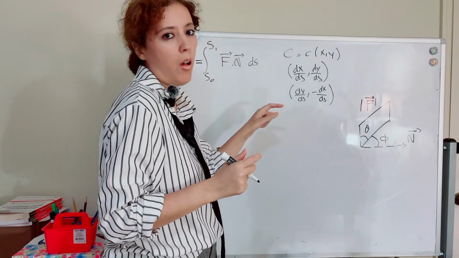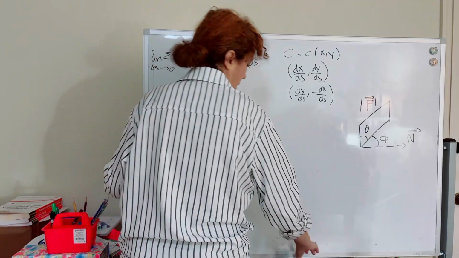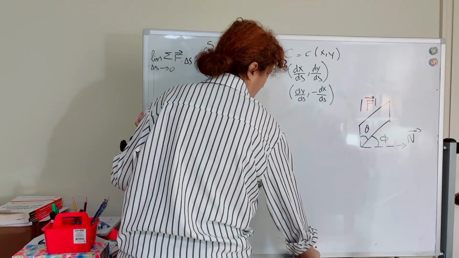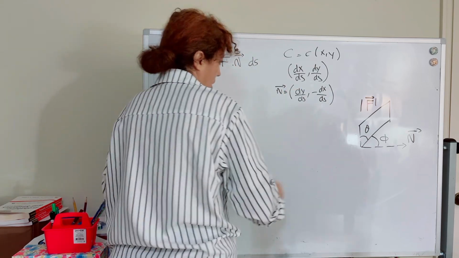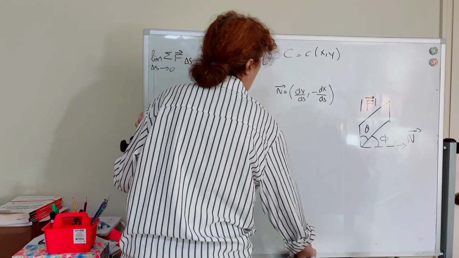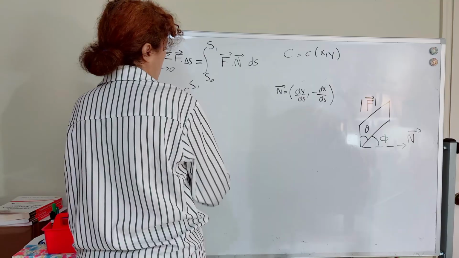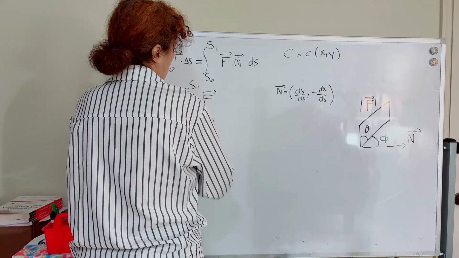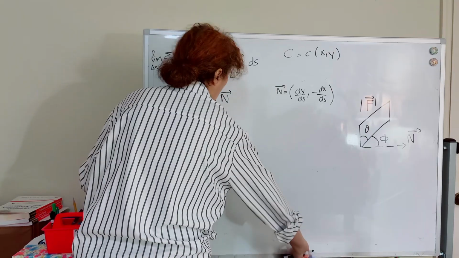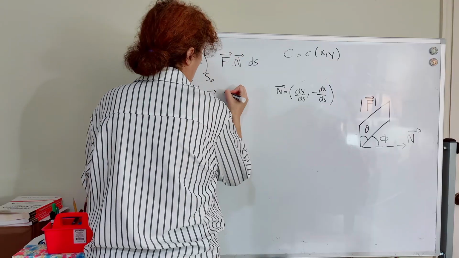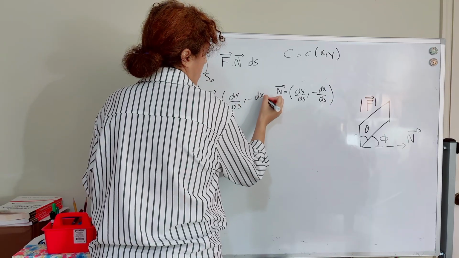And we know that the dot product of these two is equal to 0. So we're going to substitute this for N. We're going to have the integral from S0 to S1 of the dot product of the vector field F and N, with N being dy over ds, negative dx over ds.